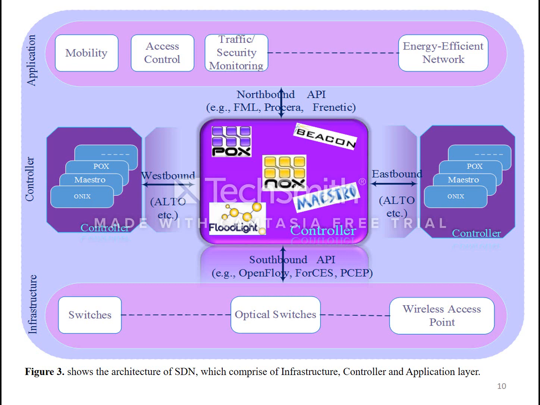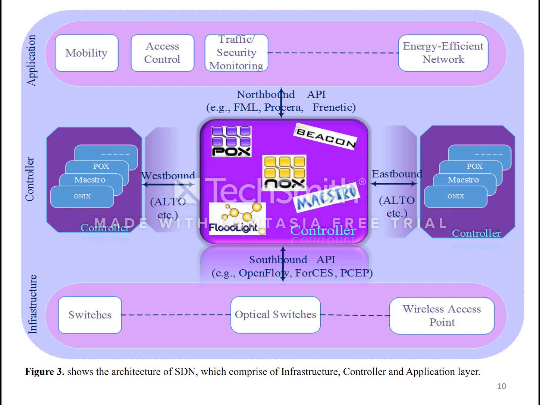Now here is the architecture of SDN, which is made up of the infrastructure, controller, and applications. So SDN has three layers: infrastructure, controller, and applications.